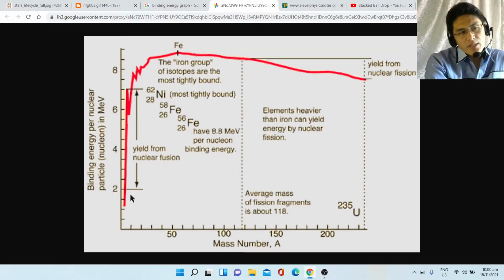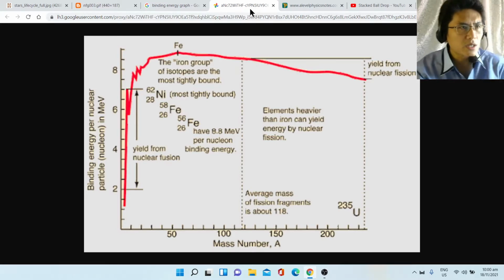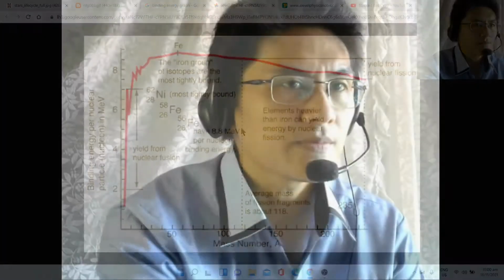Okay. So if you notice, the pattern is as you go from mass 1 up to iron, right? And iron is element number 23, if I'm not mistaken. Maybe I am mistaken, so let's just search for it. So iron is actually element number 26.